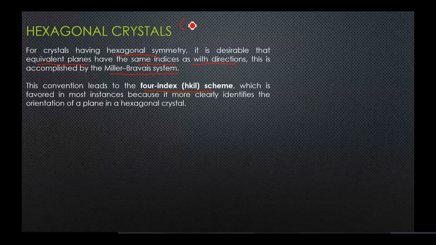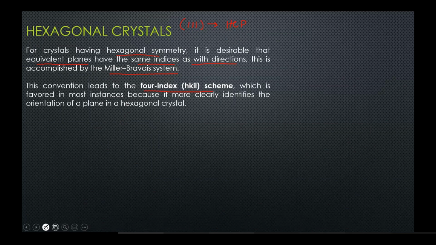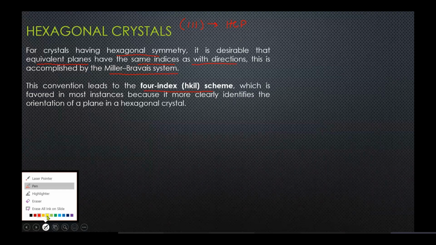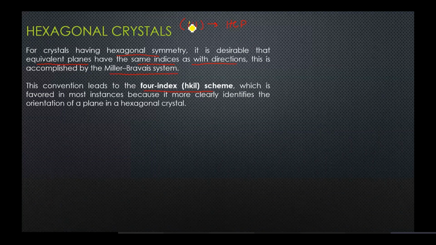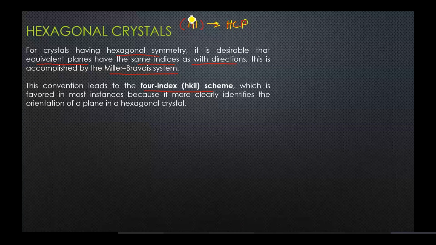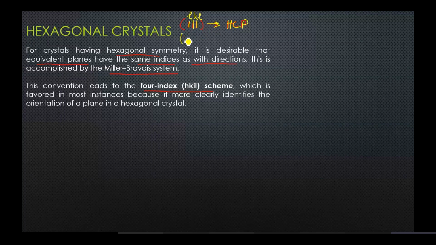For example, if I say 111 plane in HCP system, there should be a mechanism to convert these HKL 111 indices to the HKIL 4 coordinate system in HCP systems.